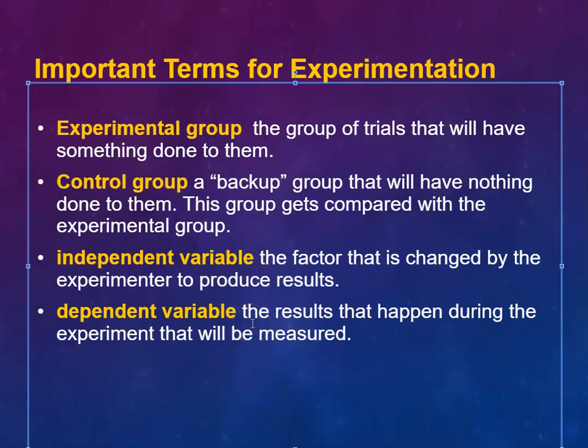So what kind of things would you want to measure if you fed a plant Gatorade? Well, you might measure the size of the leaves. You might measure how droopy the leaves are, or the color of the leaves. Those would be dependent variables. Usually, a good experiment only has a few independent variables, or even just one, and a whole lot of dependent variables, so we can measure as many things as possible.